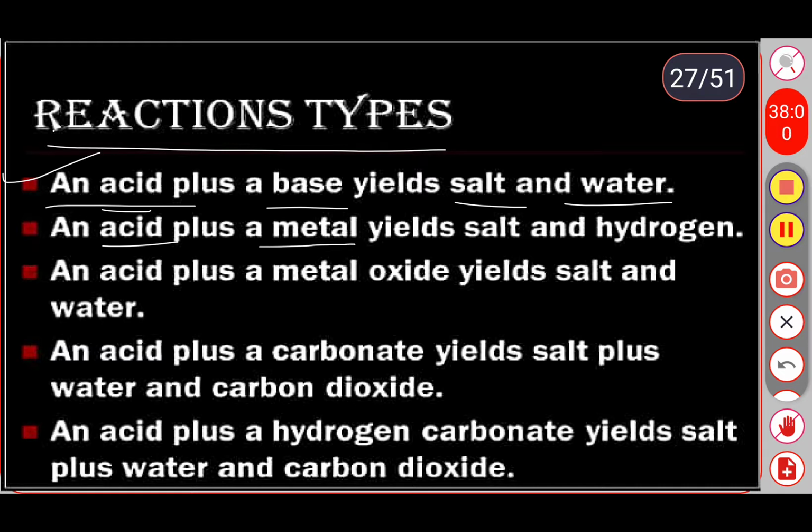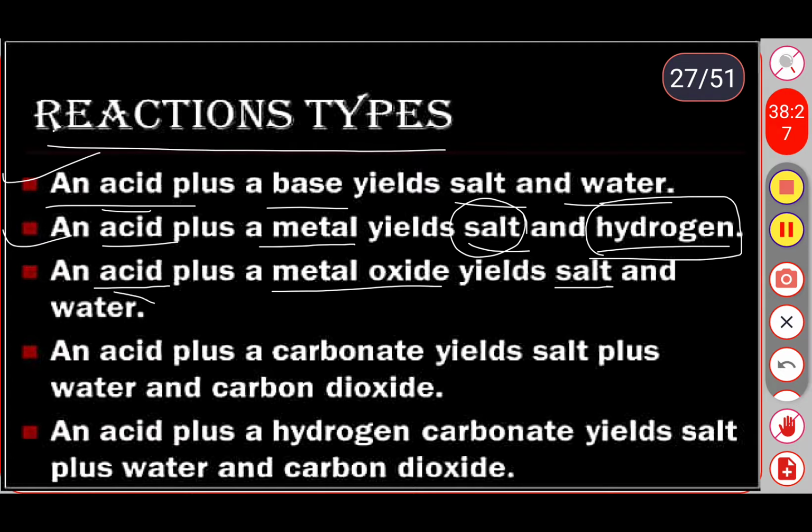Whenever an acid reacts with a metal, it always forms salt with the liberation of hydrogen gas. And the third one is when acid is combined with a metal oxide, again it forms a salt and water. When acid is combined with a metal, it forms salt and hydrogen. When the same acid is combined with a metal oxide, it forms a salt and water.